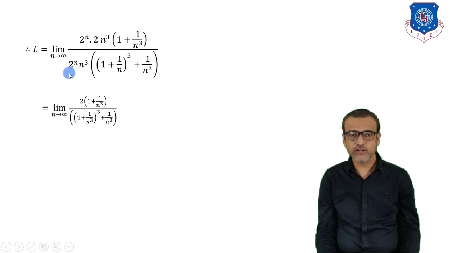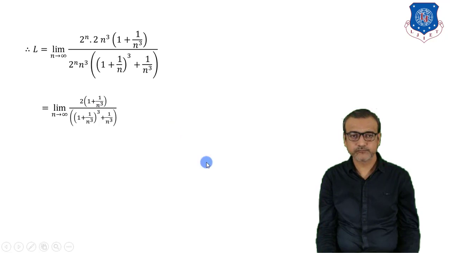Now here 2 raised to n will cancel out, n cube and n cube will cancel out, and after simplification we will have these two terms in the numerator and this term in the denominator. Now we apply the limit as n tends to infinite: 1 upon n tends to 0, so 1 upon n cube tends to 0.